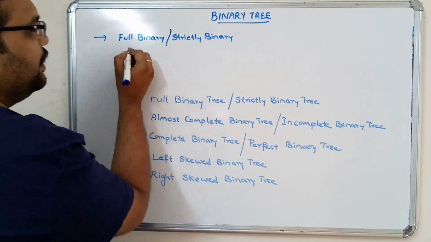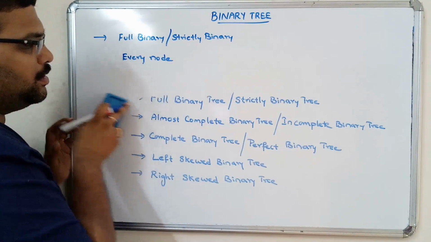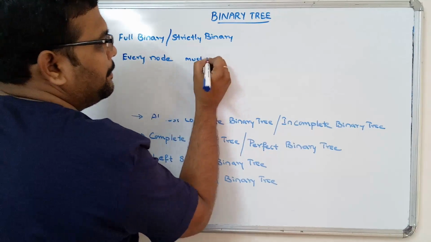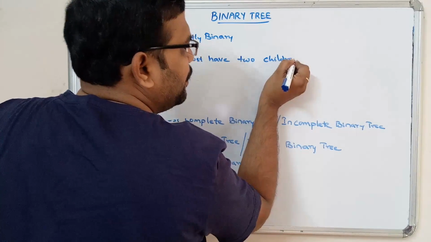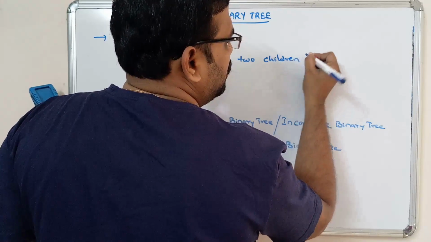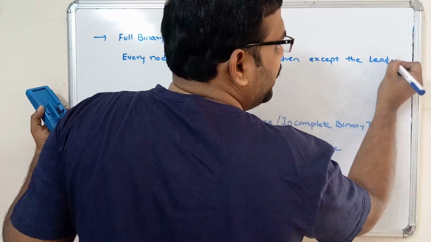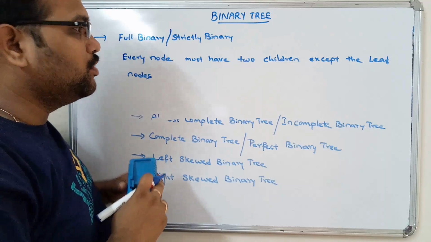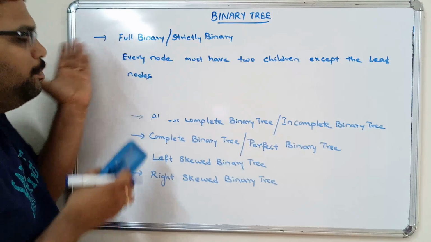See here, every node must have two children, except the leaf nodes. Right? So if every node is having two children except the leaf nodes, that is called a full binary tree.